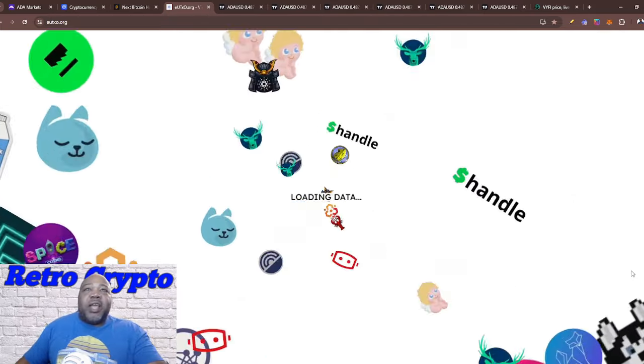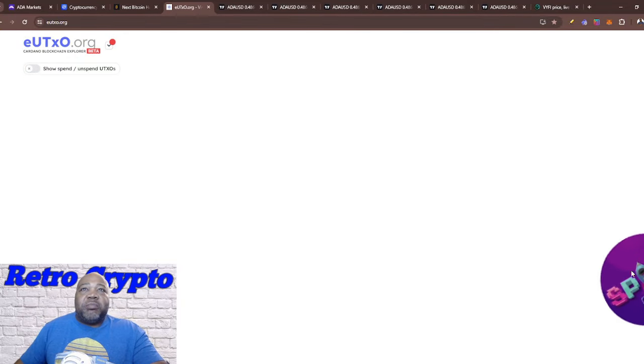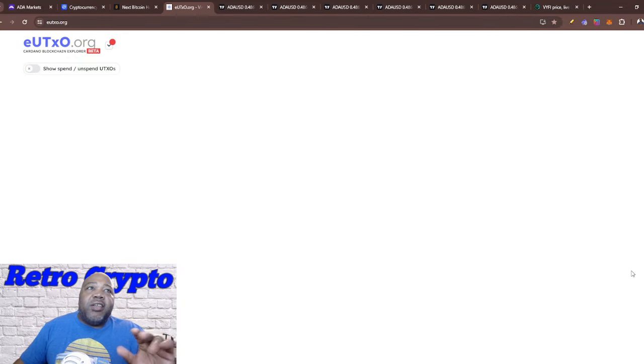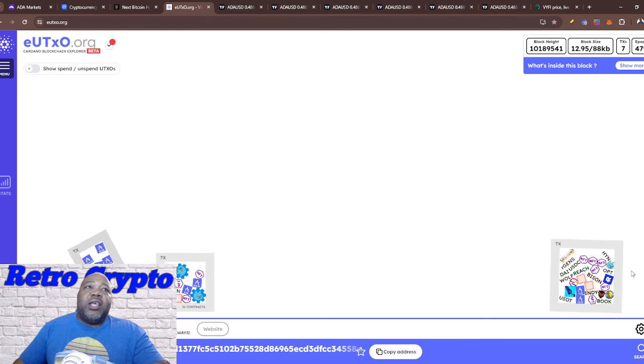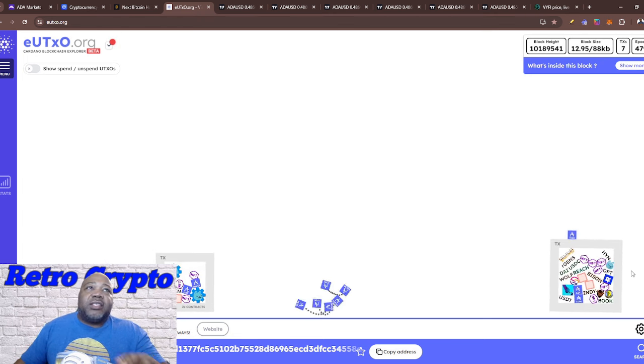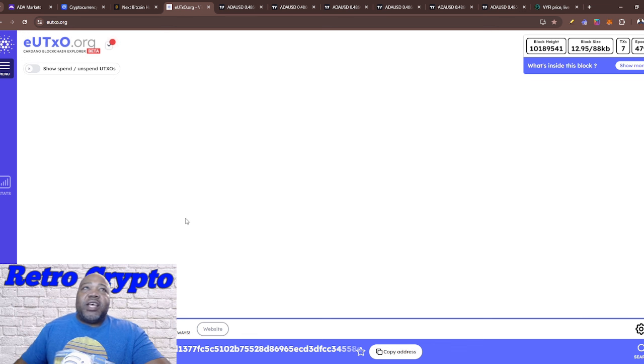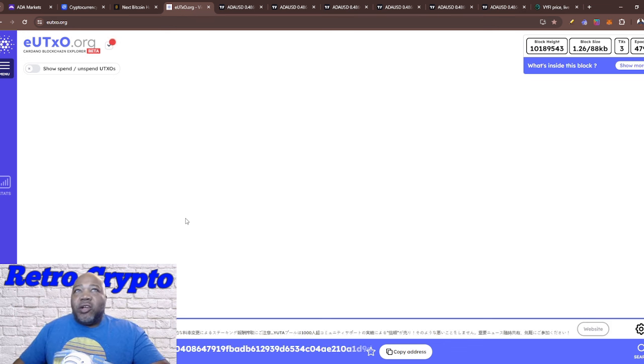But basically it gives you the opportunity to watch the blocks as they form, and you can see how many transactions are actually taking place within the UTXO block system. As you see right here, it says 7 transactions, but there's a lot more going on than just 7 transactions, guys. This is a really cool tool just to watch Cardano working in real time.